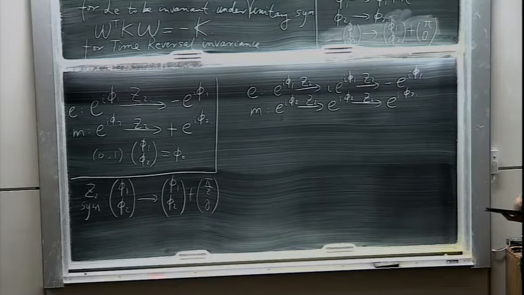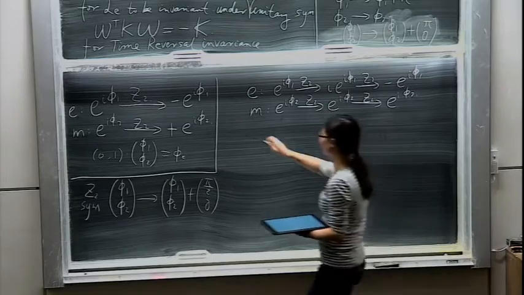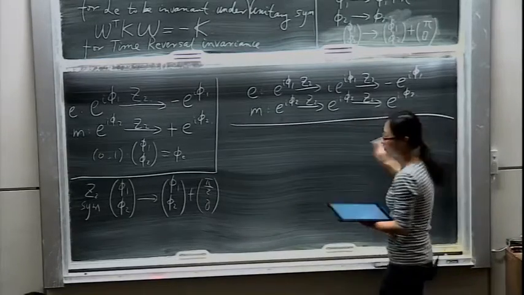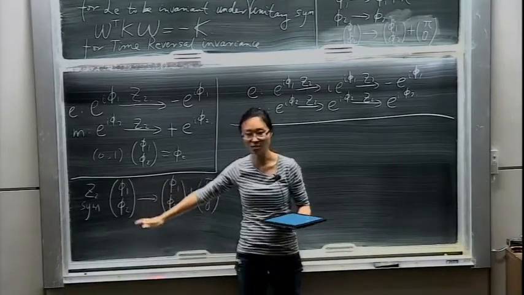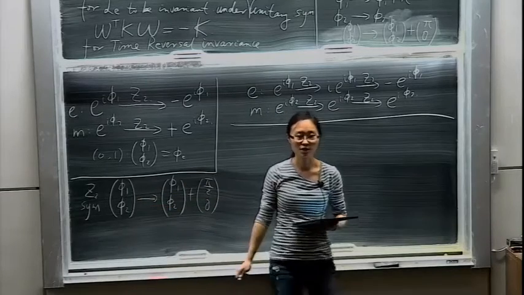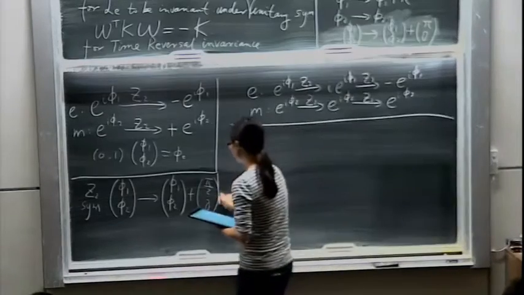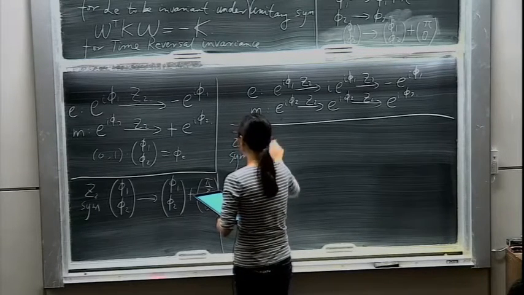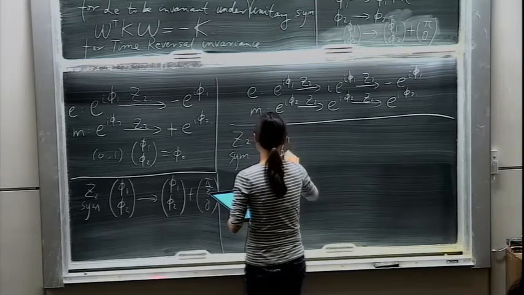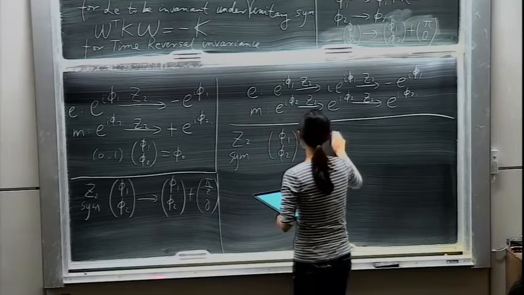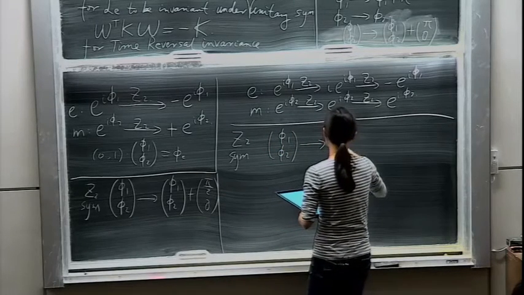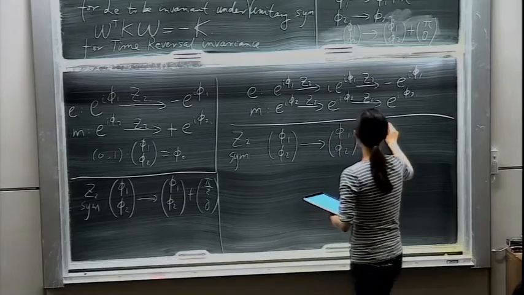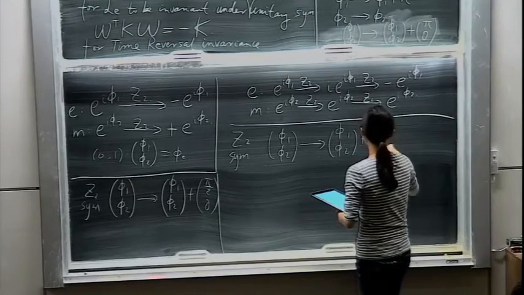All right, and then we can come up with more examples. If we want both E and M particles to transform in a fractional way, we just assign the Z2 symmetry to be phi 1, phi 2 going to phi 1, phi 2 plus pi over 2, pi over 2.